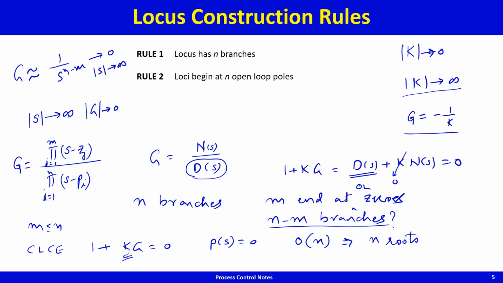And the condition for a candidate s point to lie on the locus is that as k tends to infinity, g must go to 0. So g goes to 0 when s is equal to zj, or it will go to 0 for asymptotes. That means magnitude of s is very large, for those special asymptotes that satisfy the angle condition. So there will be n minus m asymptotes.